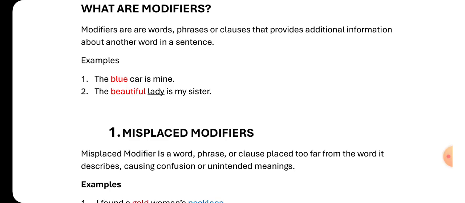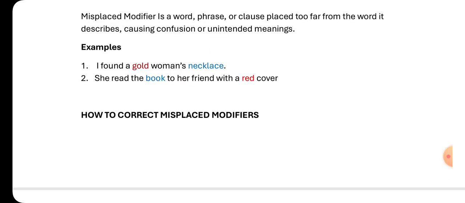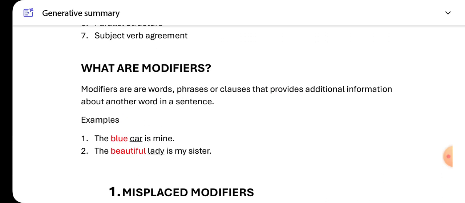So in order not to create confusion, or in order to get your audience to understand whatever you want to tell them, we say that the beautiful lady is my sister. The word beautiful is modifying the lady. It is adding additional information to the word lady here. So that is what we call modifiers.